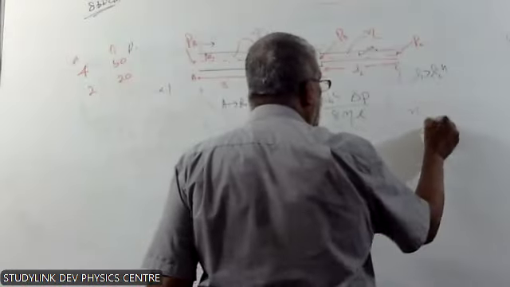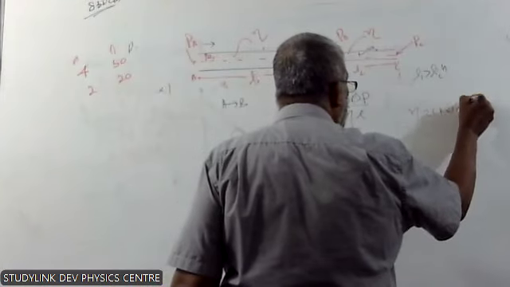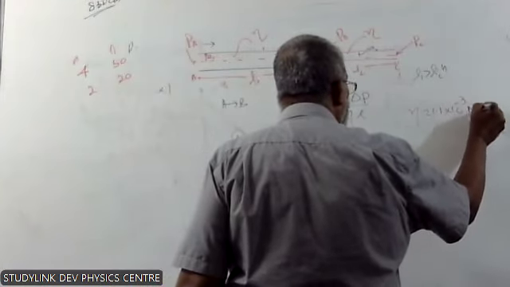Get the eta value. Eta is equal to 1.1 into 10 to the power minus 3 Ns m minus 2.